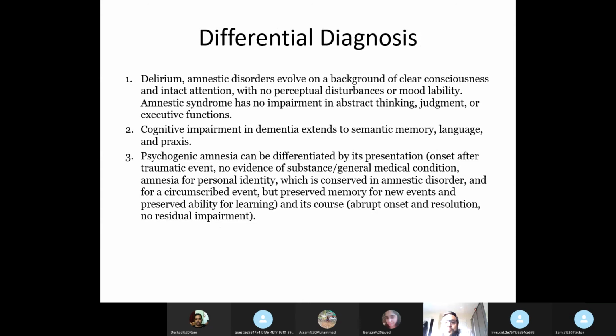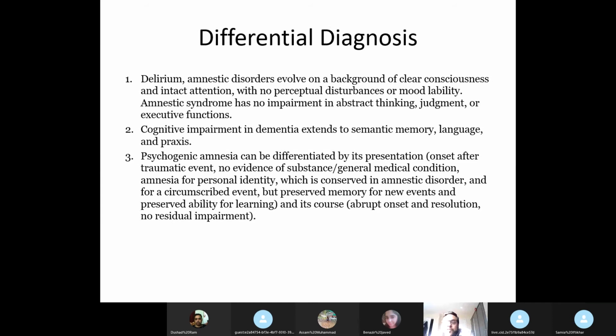But it can still progress into Korsakoff. But if nothing like that has happened and there is no psychological event, then you can think of psychogenic amnesia or dissociative amnesia.